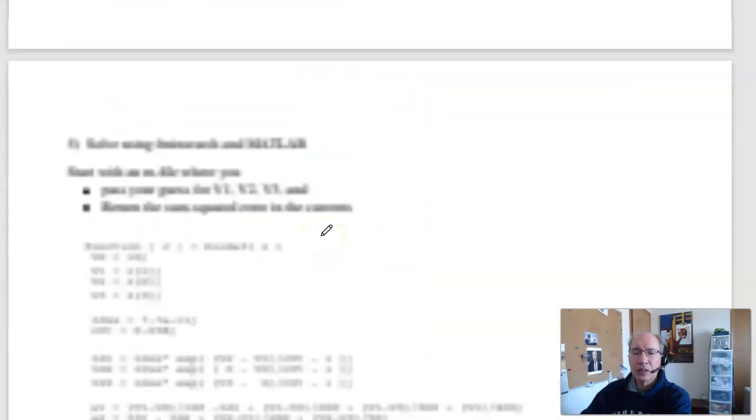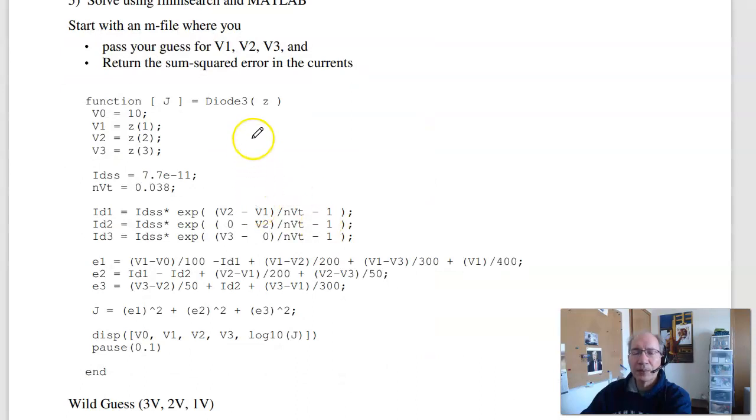To solve, again, I'll use MATLAB. I'll create a function called diode3. I pass it z, parsing it. That means the voltages V1, V2, V3. Once I know the voltages, I know the current through the diodes. Then I can write the 3 node equations. The currents should all balance equal 0. If I guess incorrectly, they don't balance. Return the sum squared error, and guess the voltages until J equals 0.